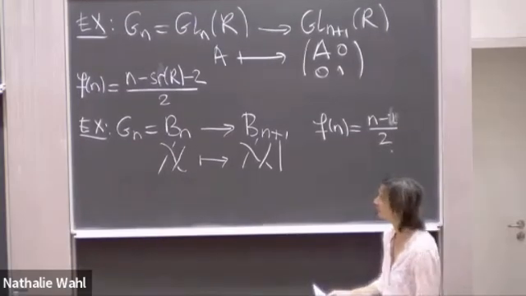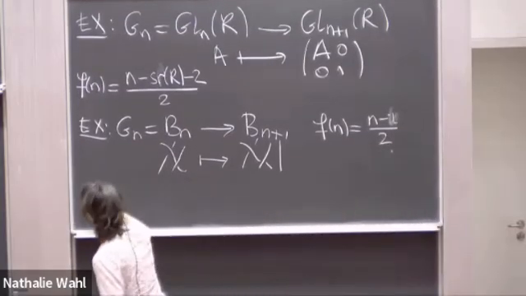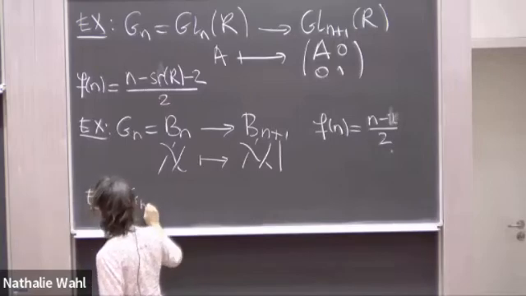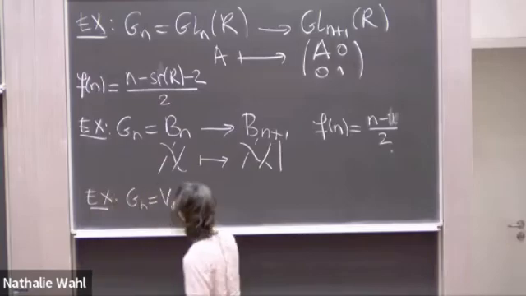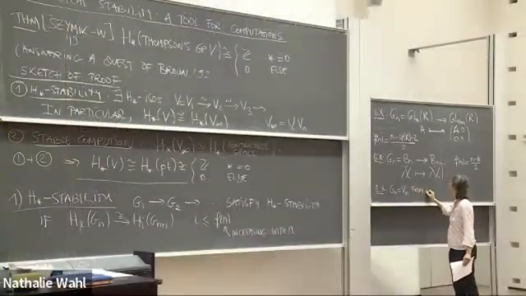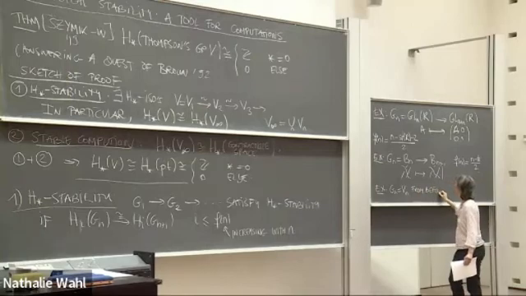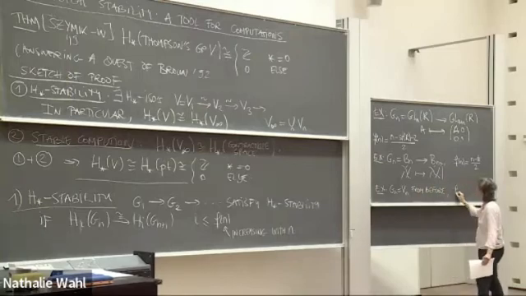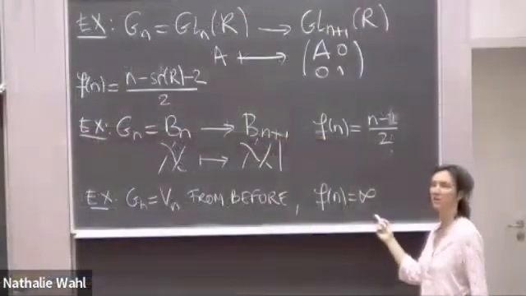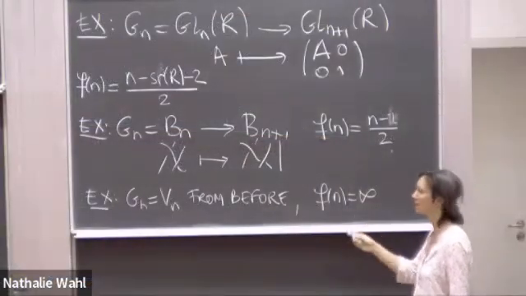And maybe one last example is just the one I already mentioned in the proof here. We could take Gn to be Vn from before. And in this case, fn would be infinite for all n.